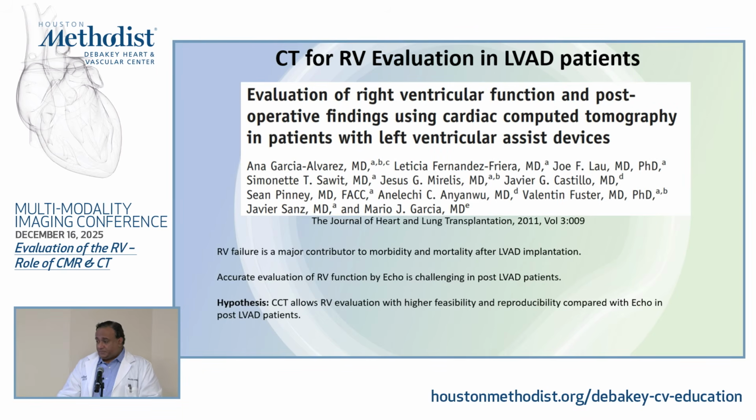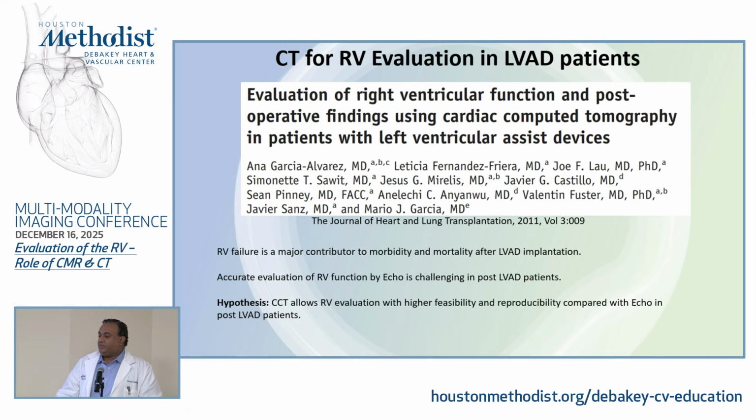So let's move on to one of the indications for RV evaluation by CT, which is in LVAD patients. This is a paper in the Journal of Heart and Lung Transplantation, which looked at assessment of RV function in LVAD patients.